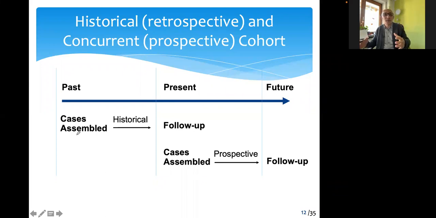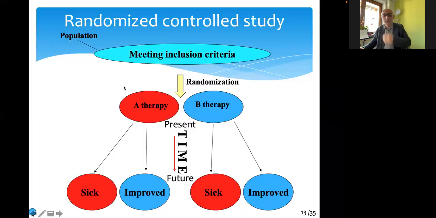If you have a population, a cohort of 1,000 people, and you are able to go to their past 5 years, 10 years, and collect the data from them until today in different intervals, theoretically it is then possible to conduct a historical or retrospective cohort. But that's seldom done and seldom possible.